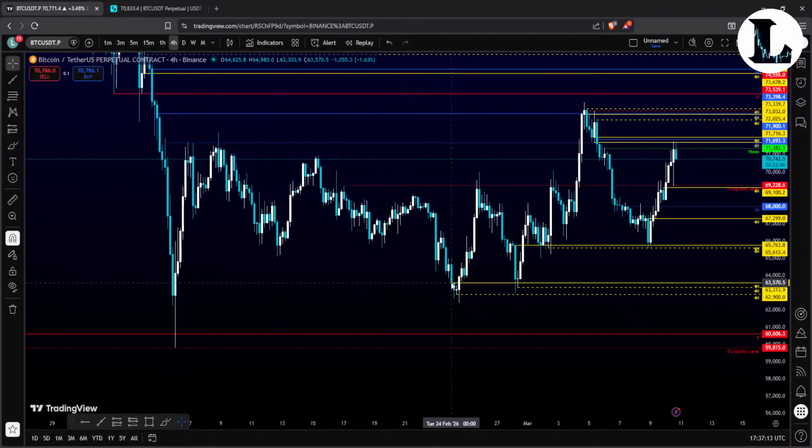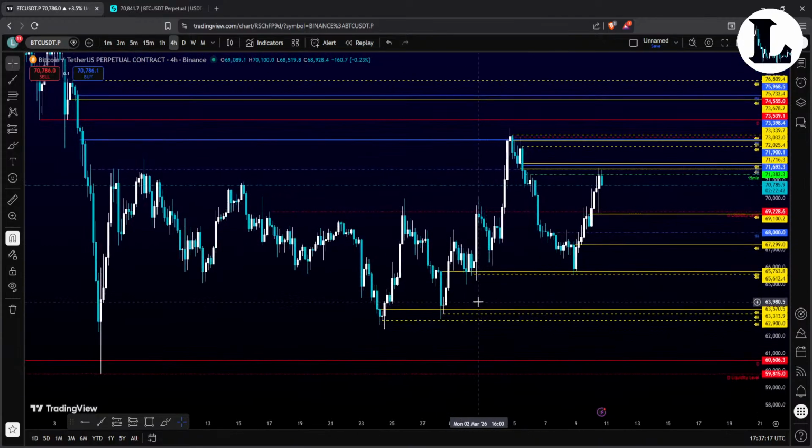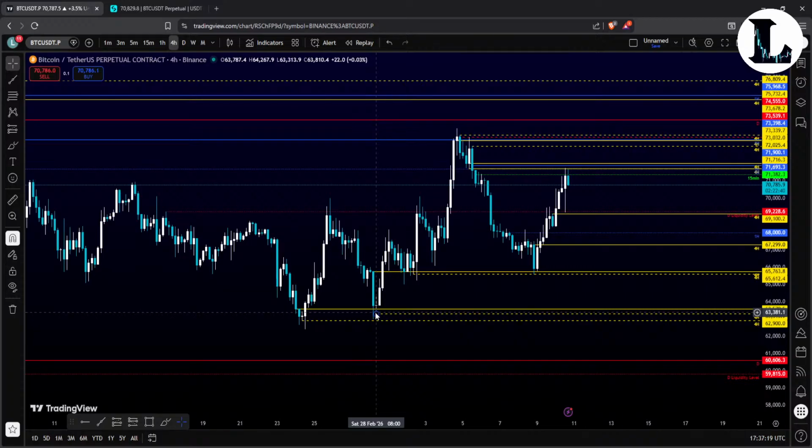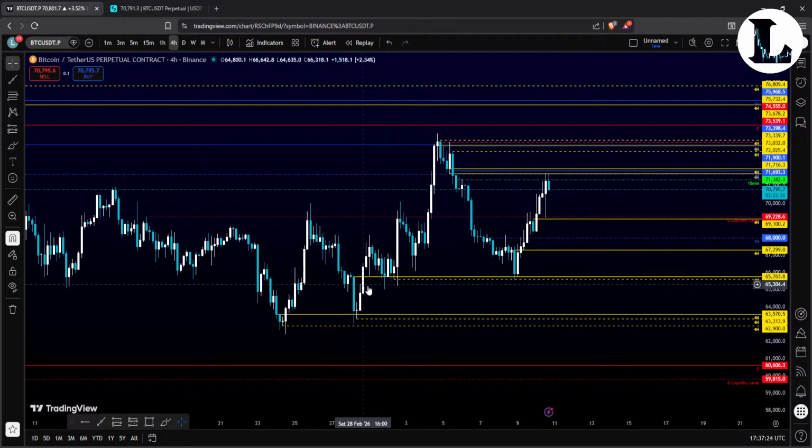So we have a ladder from this candle to this candle. The price here did not go to the break level, but you need to understand that this support was already tested multiple times.